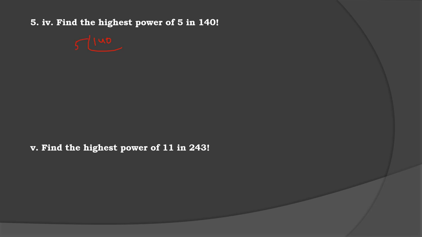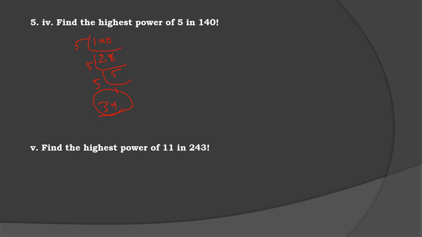Here it is 28 times. Then again 5, how many times? 5 times. Then 5, 1 time. Total it is 34. Number of 5's equals 34, as well as number of zeros also 34. The process of finding the number of zeros and the number of 5's is the same.